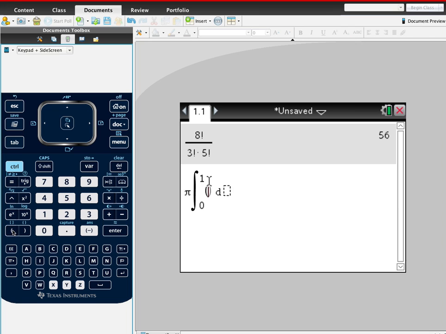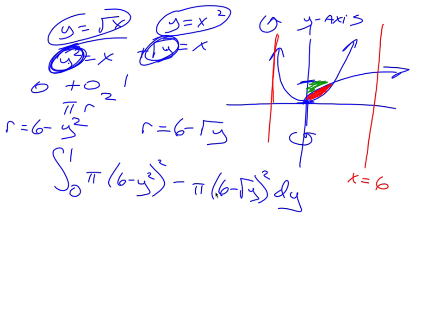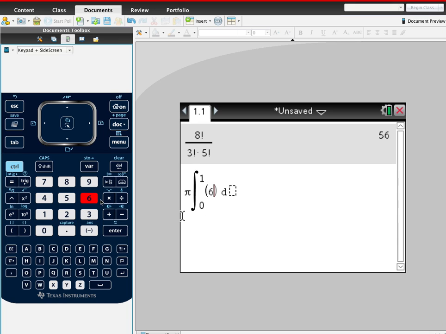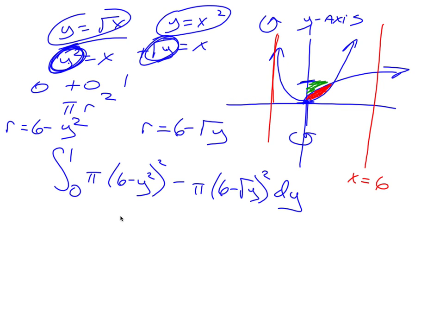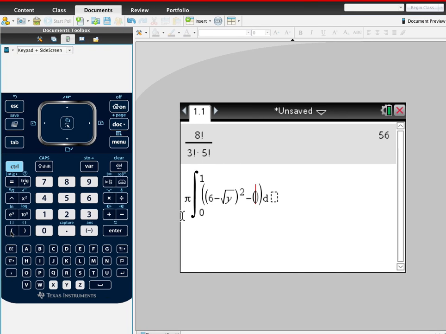Alright, I need parentheses, the first one, and let's switch them. So let's put this one over here first. 6 minus the square root of y. And then minus, let's put the other one second. 6 minus y squared.